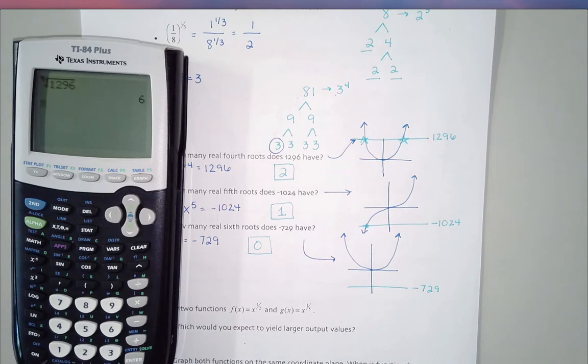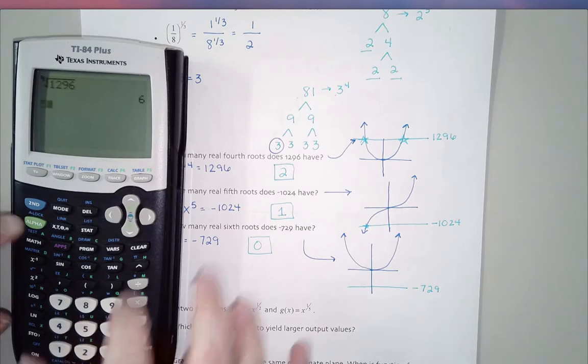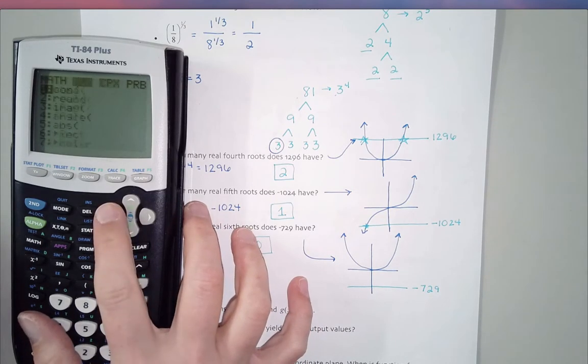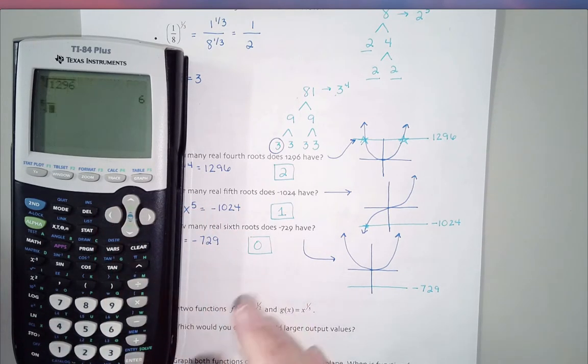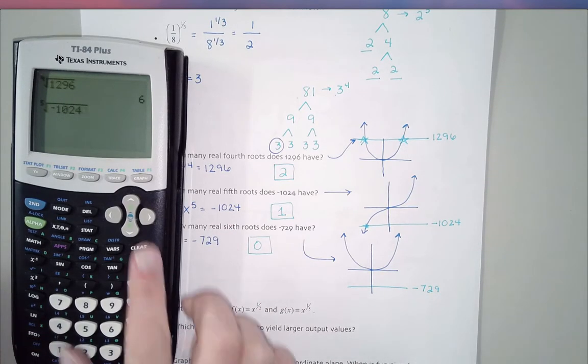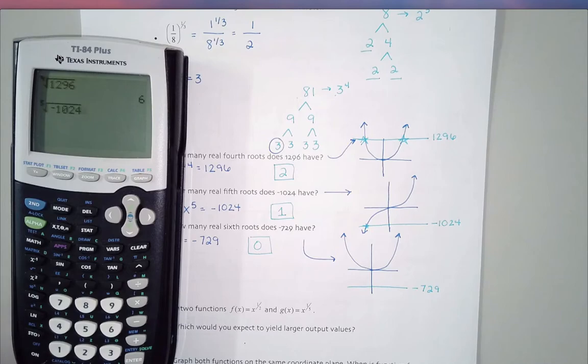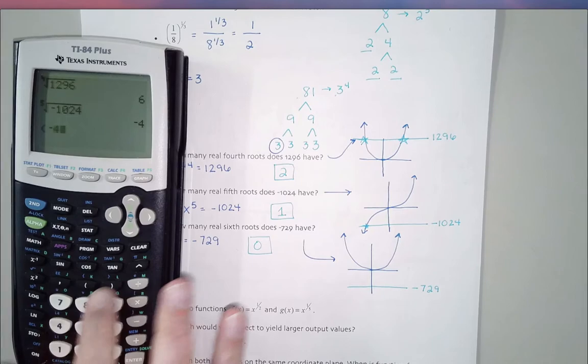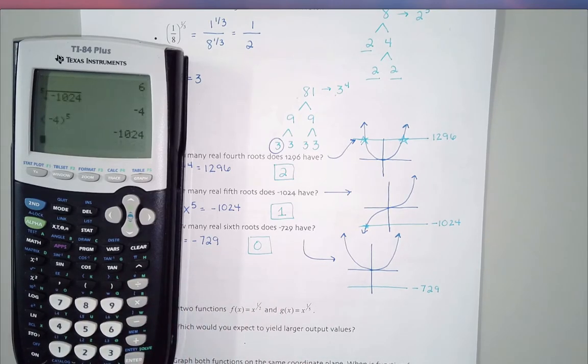If I were to do the 5th root of negative 1024, I do want to emphasize that this question did not actually require you to find what the fifth root was. It just wanted to know how many there were. But I also wanted to review how to do these in the calculator and drive this point home. I get negative 4 because negative 4 to the power of 5 is going to give me negative 1024.